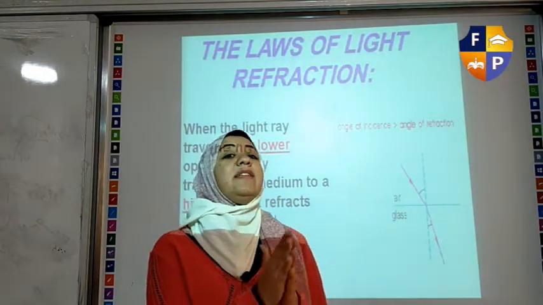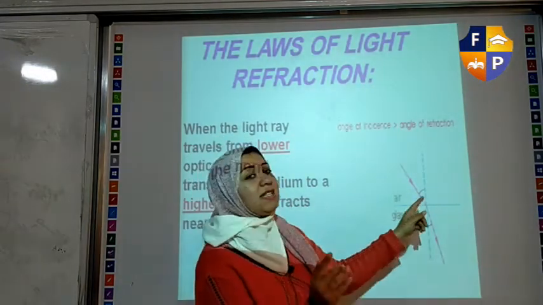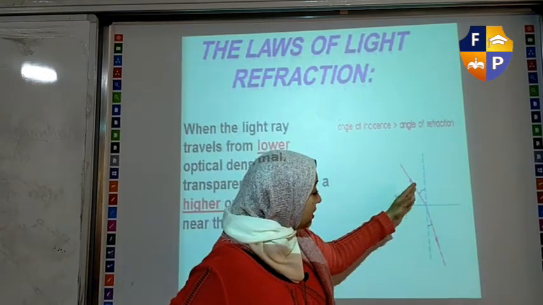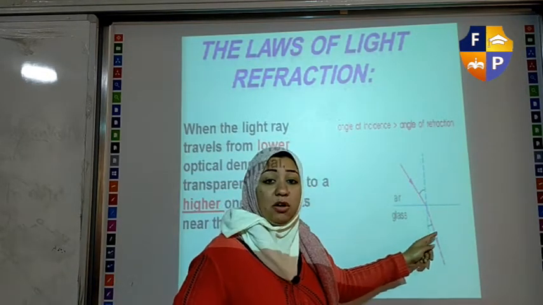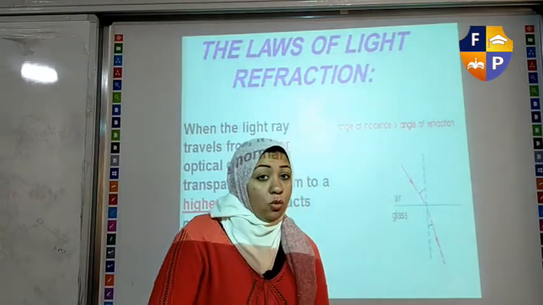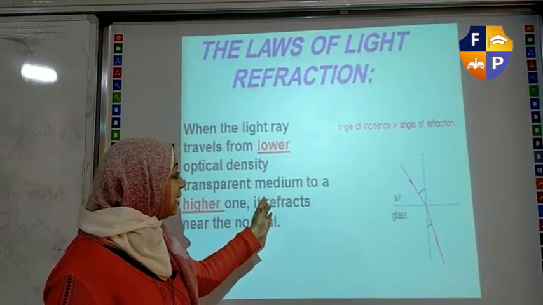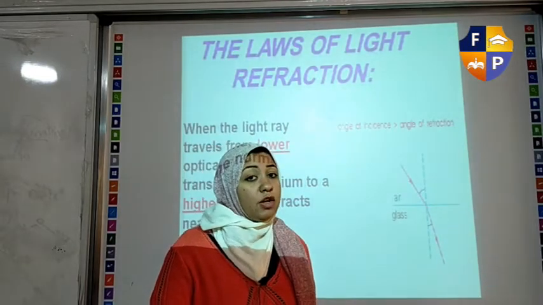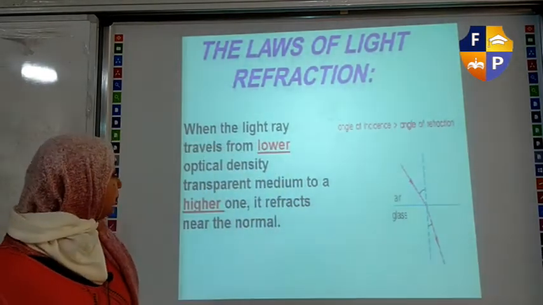But here in light refraction, the angle of incidence does not equal the angle of refraction. The angle of incidence here will be bigger than the angle of refraction. Why? Because the optical density of the air is lower than the optical density of water or glass. Let's continue.